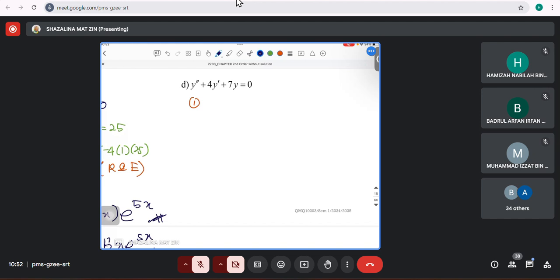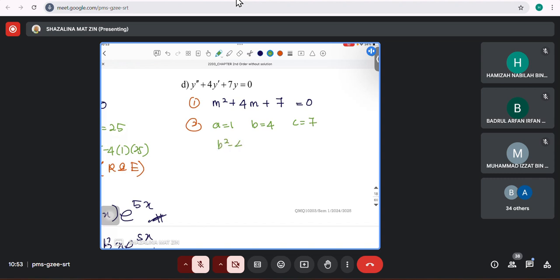Step number 1. Substitute double prime with m square, prime with m, plus 7 equals 0. Then for step number 2, calculate b square minus 4ac. So you have a equals 1, b equals 4 and c equals 7.